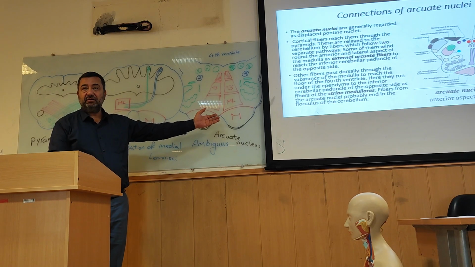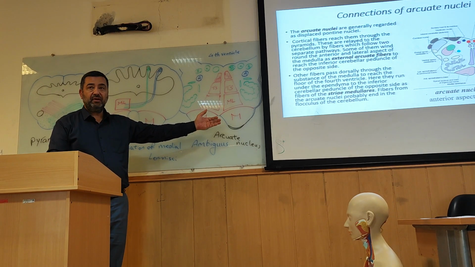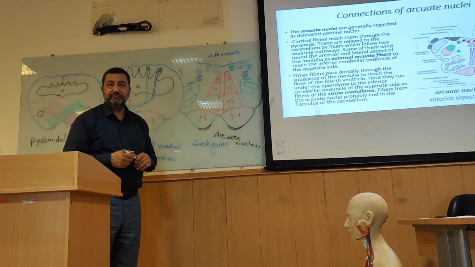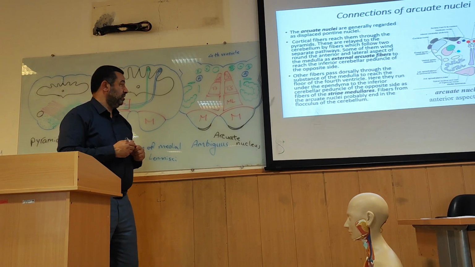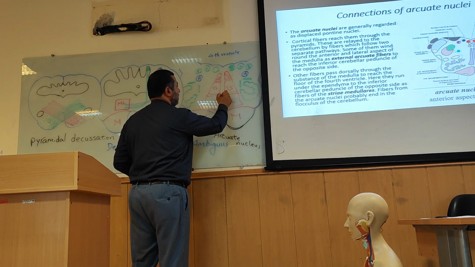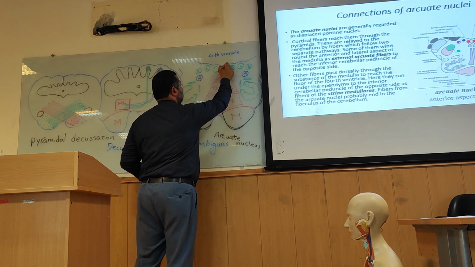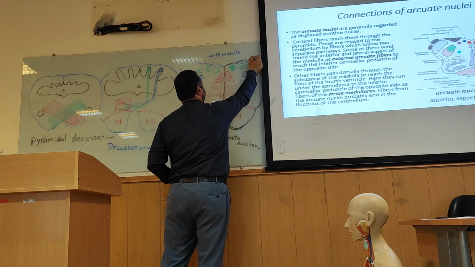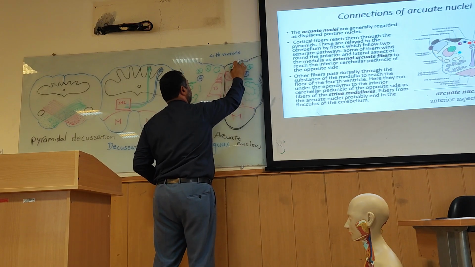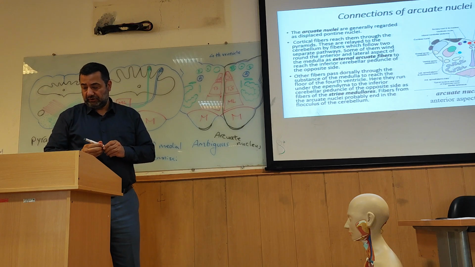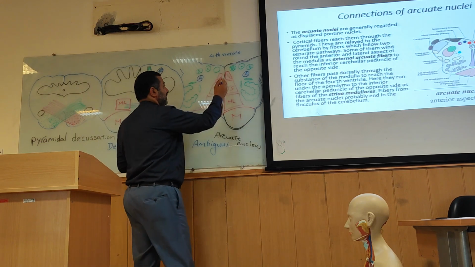In this section, in this area, some fibers of the arcuate nucleus go to the midline of the medulla oblongata and to the floor of the fourth ventricle.